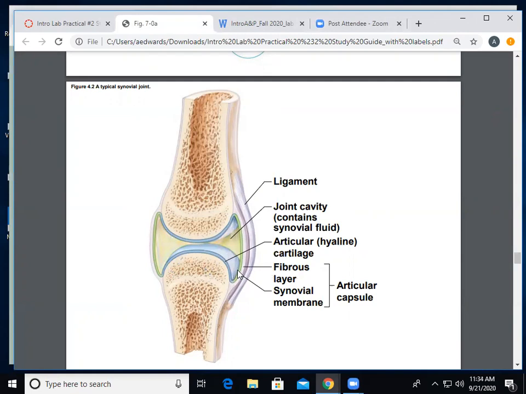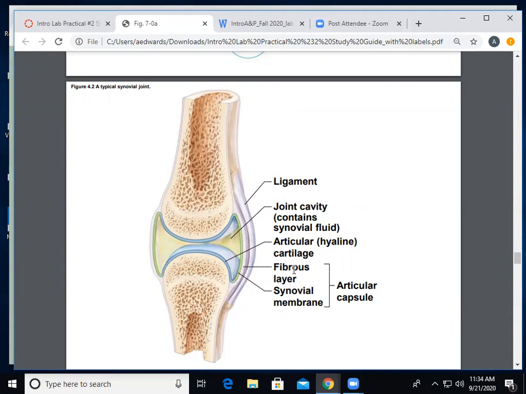Right, and you also have along the sides what we call synovial membrane. Okay, synovial joint has synovial membrane. Now, just superficial to that synovial membrane is a fibrous layer. So it's a harder layer.